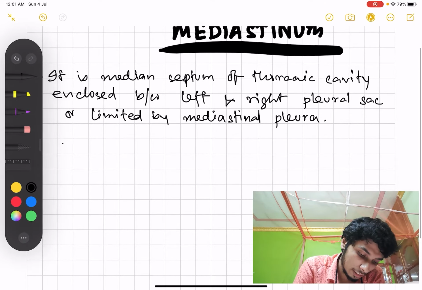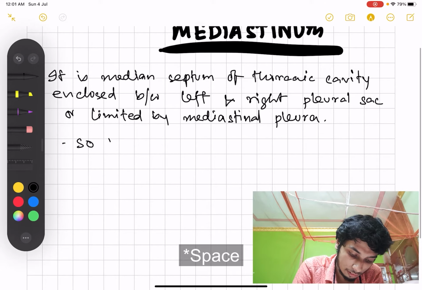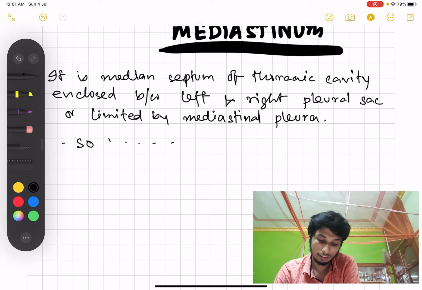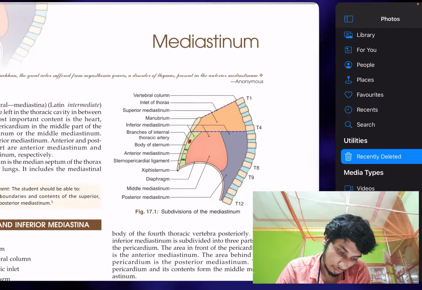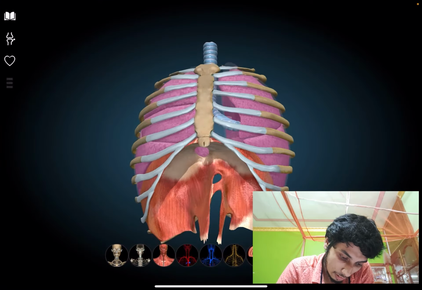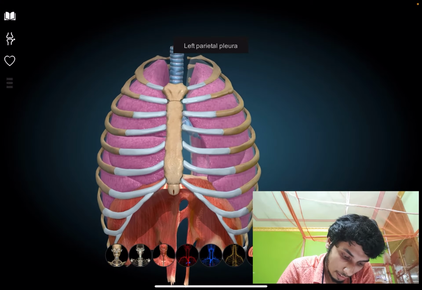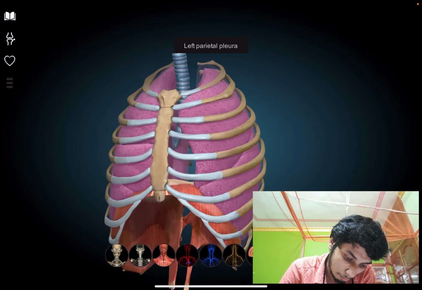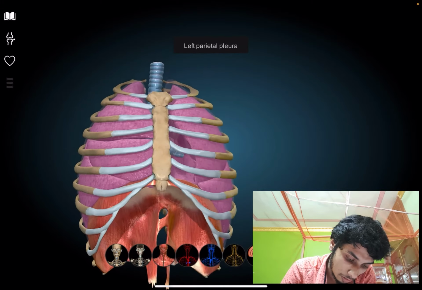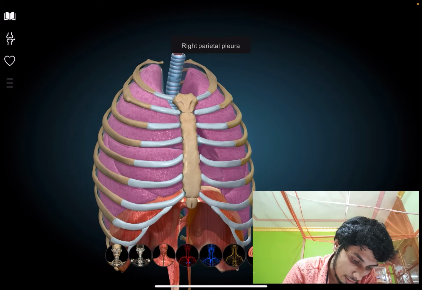So basically it's a structure. Let me show it to you. So as you can see, this is the left pleura, or left lung enclosed within the pleura, and this is the right lung.